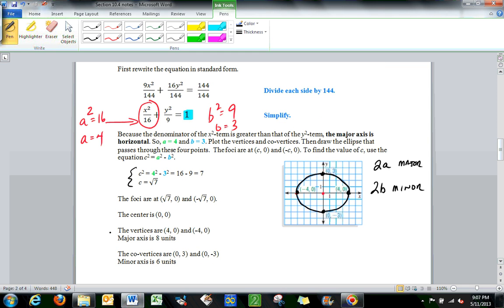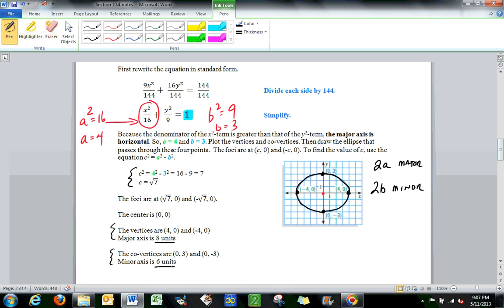You can see here that the major axis is 2 times 4, which is 8 units, and the minor axis is 2 times 3, which is 6 units. So that's the basics of identifying all these parts and then simply drawing the ellipse by connecting the 4 points that we were able to come up with. So very similar to graphing a circle, except you have to identify a handful more parts.